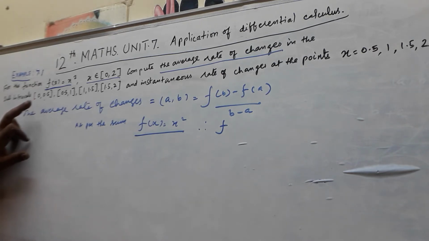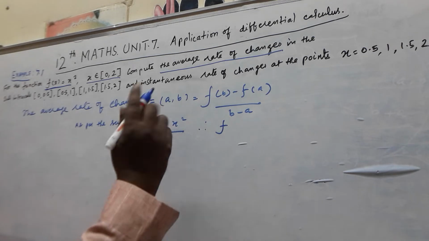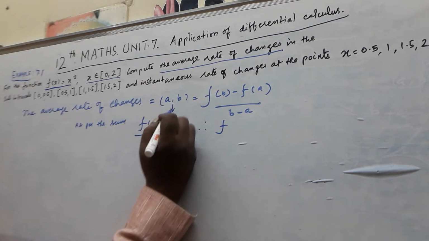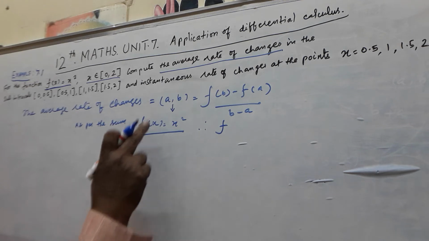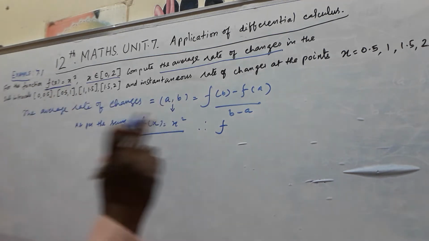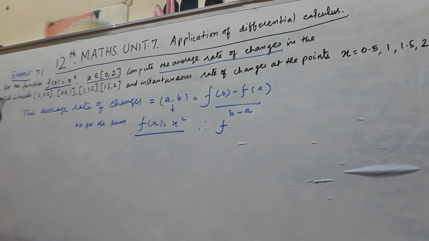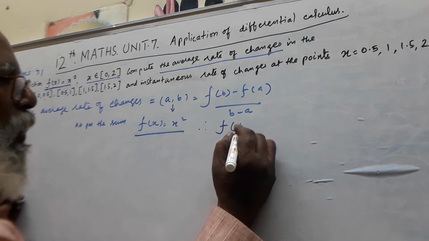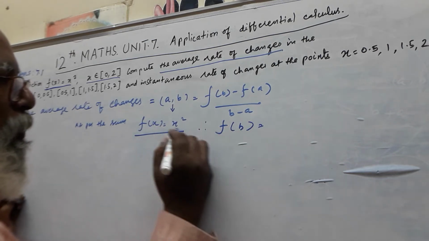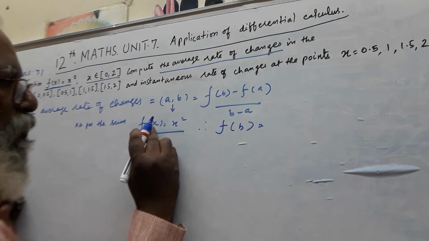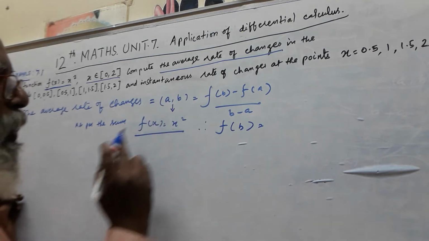We want to find this interval. We can convert this equation into the interval a comma b as per the formula. So, f of b is nothing but you have to substitute, instead of x, the value of b.